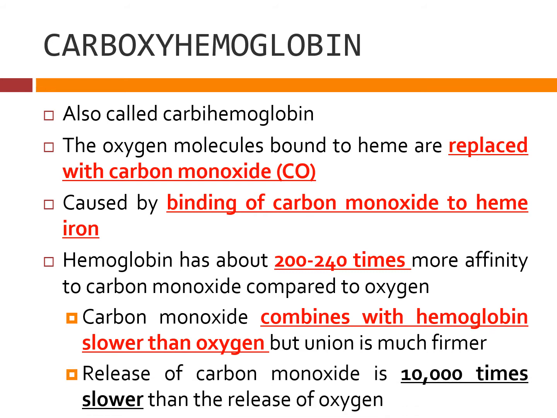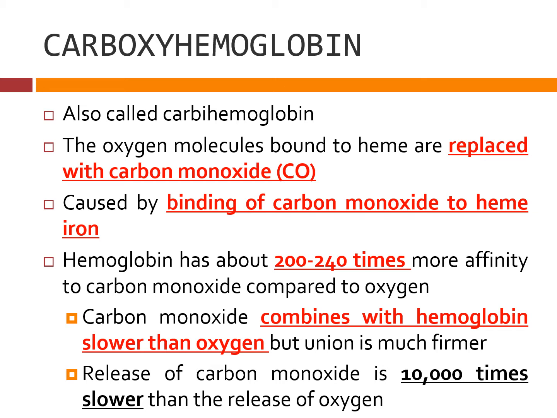Since carbon monoxide is firmly attached to your hemoglobin, the release of carbon monoxide is slower than the release of oxygen. Imagine when carbon monoxide has already attached to your heme iron, it will be harder for the body to release it from the system.